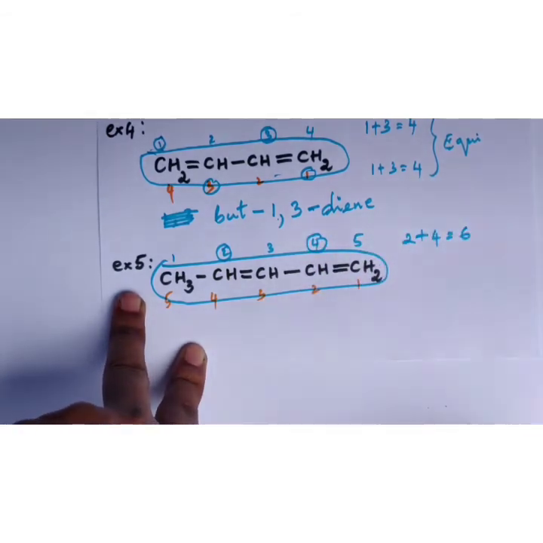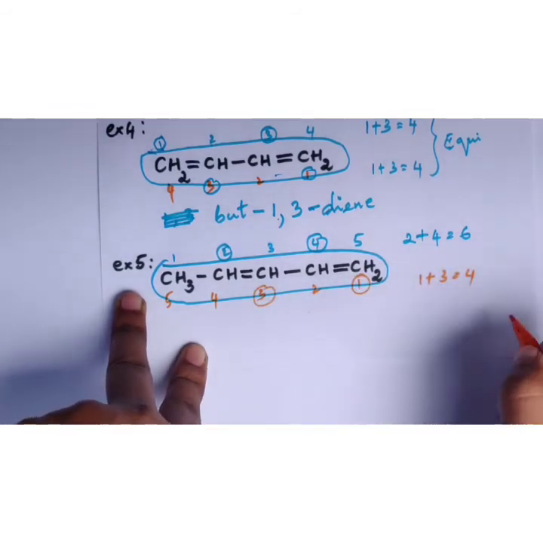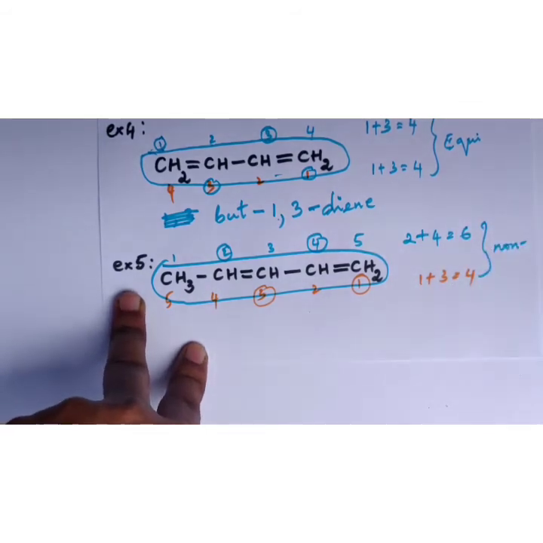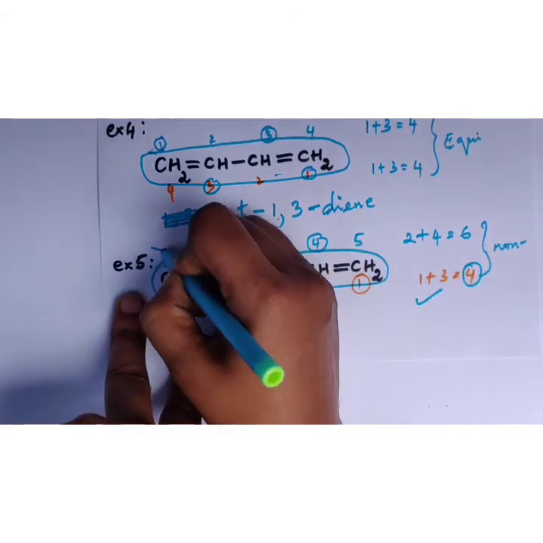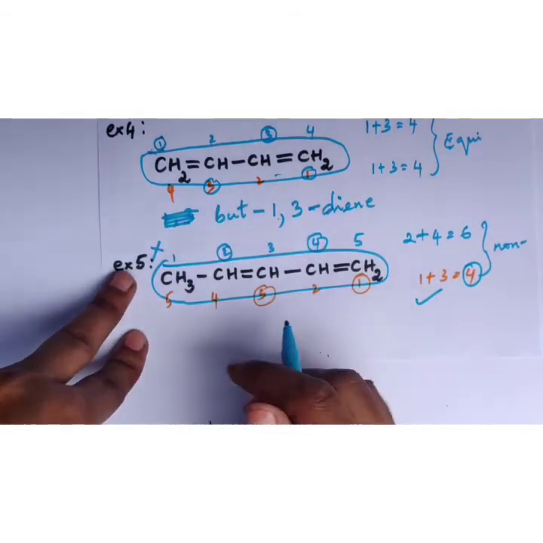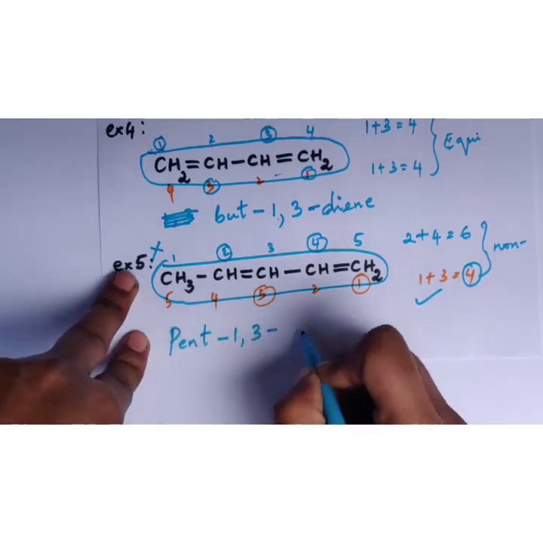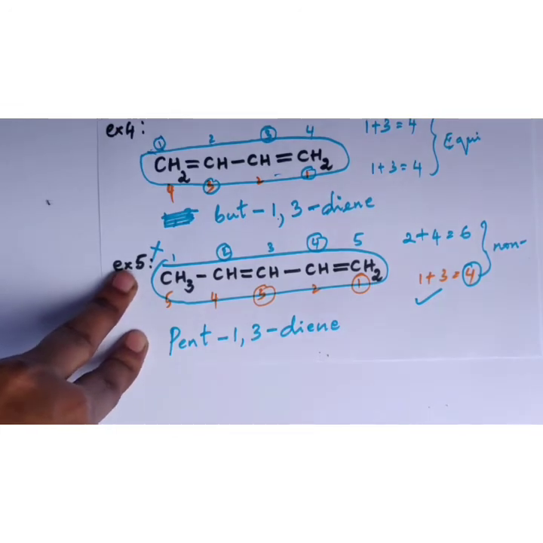And here, if you take it, it is 1 plus 3, so it is 4. So it is non-equivalent. When it is non-equivalent, you know that you have to follow the lowest sum rule. Lowest sum rule means you have to go from the right side, not from the left side. So the naming will be pent 1,3 diene.